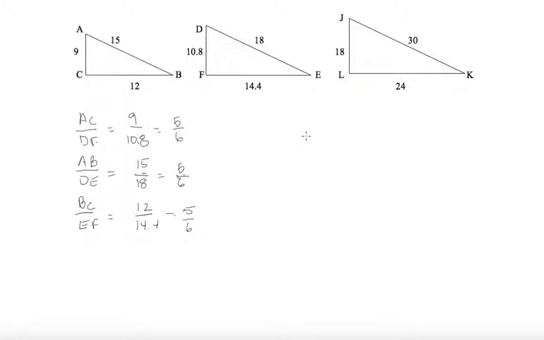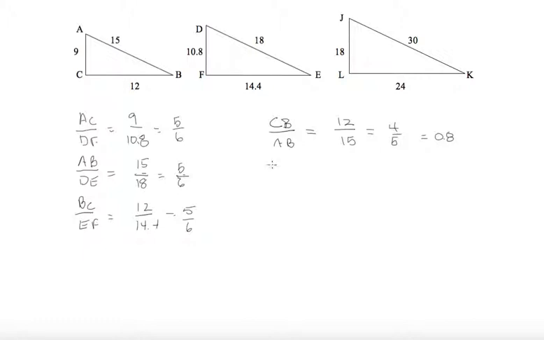So actually, let's consider, first of all, CB to AB, and this is right from the notes, right in the middle. CB here is 12. AB, the hypotenuse, is 15. And if we simplify that, that's 4 over 5, or we could write it as 0.8.